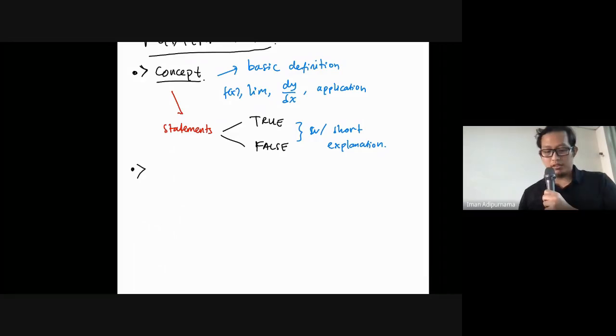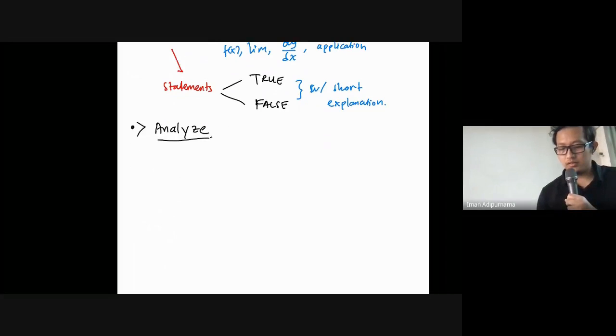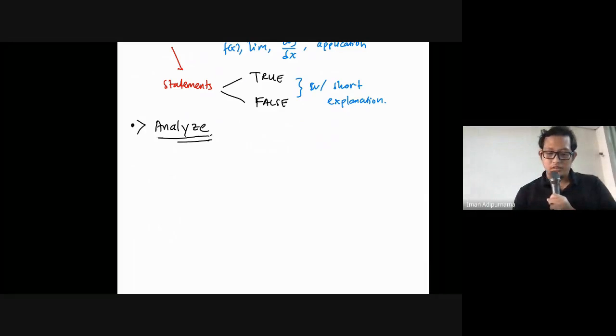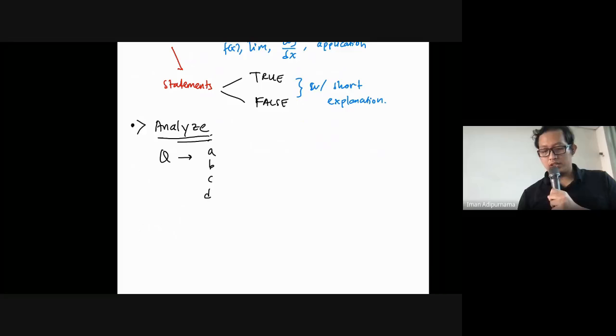And another type of question will be to analyze. For the analyze, you will be given a question, and I will provide A, B, C, D, and you choose the right answer.